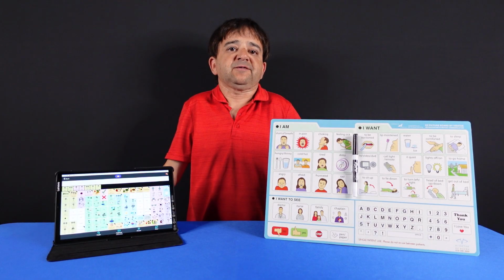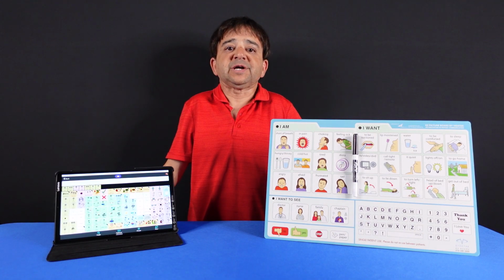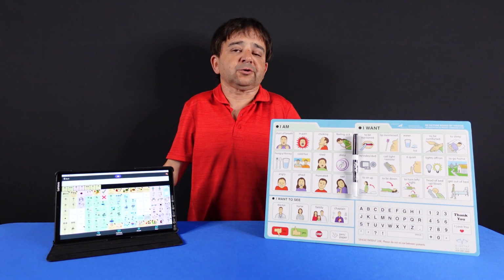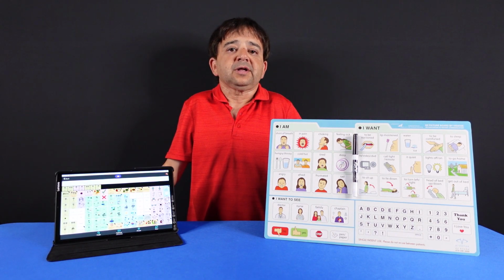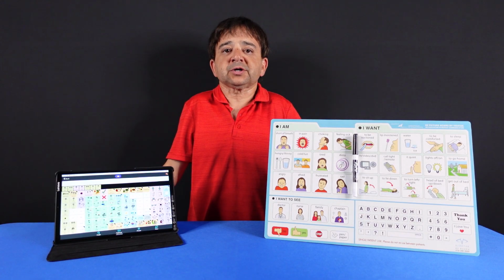There are two types of AAC. There's unaided AAC, which is where people may use facial expression, body language, hand movement, and even vocalizations to communicate.